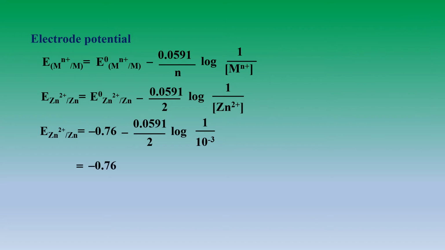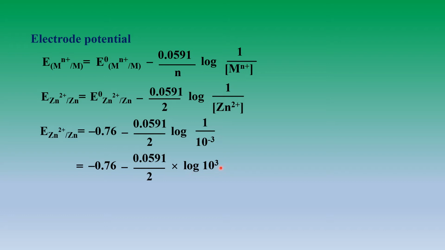Further simplification: minus 0.76 minus 0.0591 divided by 2 log of 10 to the power 3. So log of 1 by 10 to the power minus 3 becomes log of 10 to the power 3.